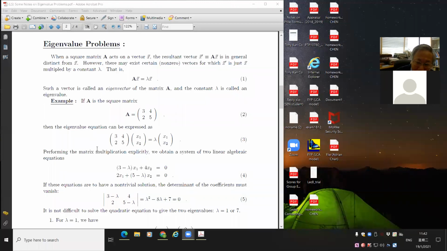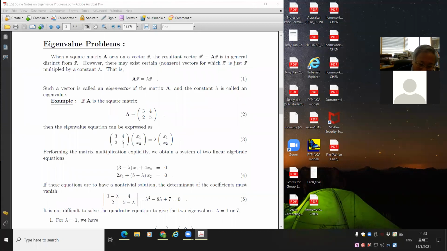Now, let us look at an explicit example. Say A is a square matrix given in equation 2. Then the eigenvalue equation can be written as shown in equation 3.